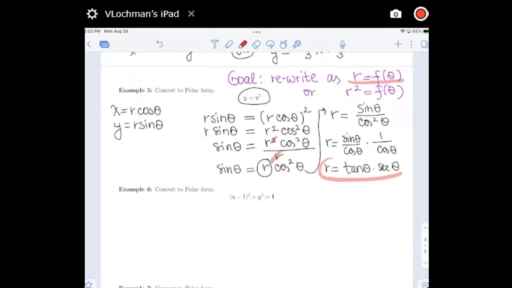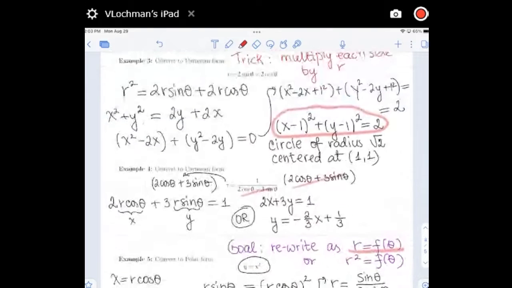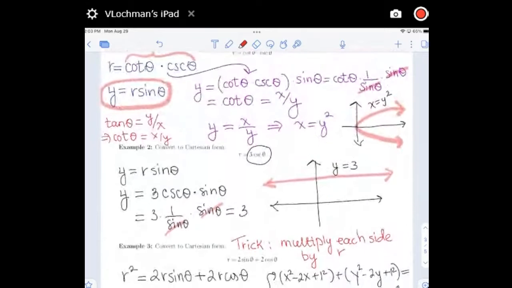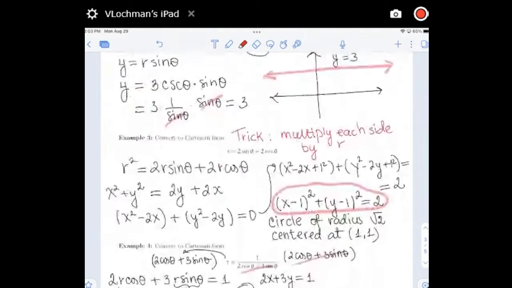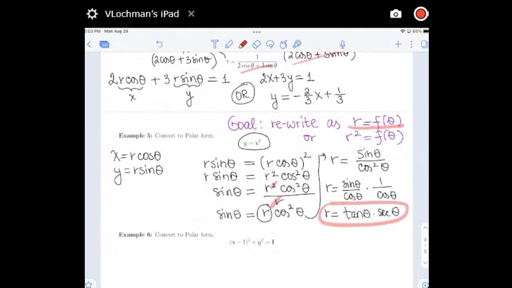Now this should look similar, right? This should look similar to what we've done. We've computed the equation. They gave us what? x is equal to y squared. But if you look at it, these are all reciprocals, right? So the idea will be the same. Over here we have y is equal to x squared, and we end up with r is equal to tangent theta secant theta.